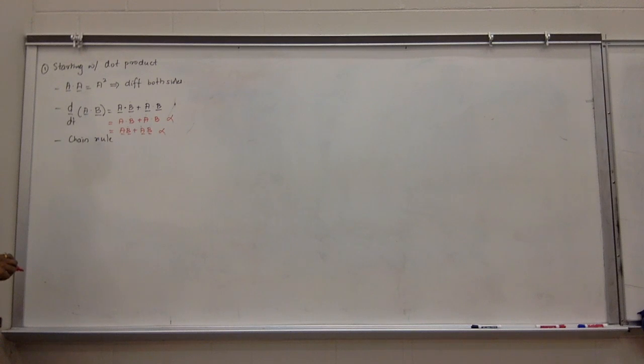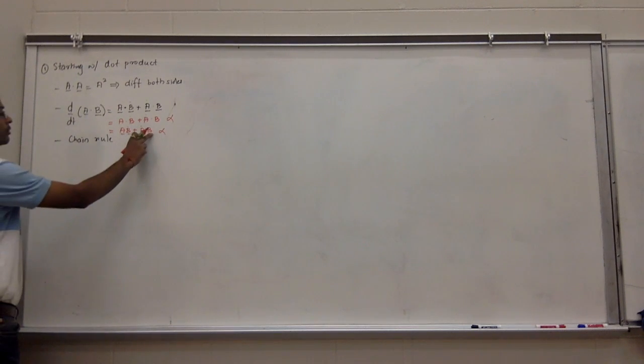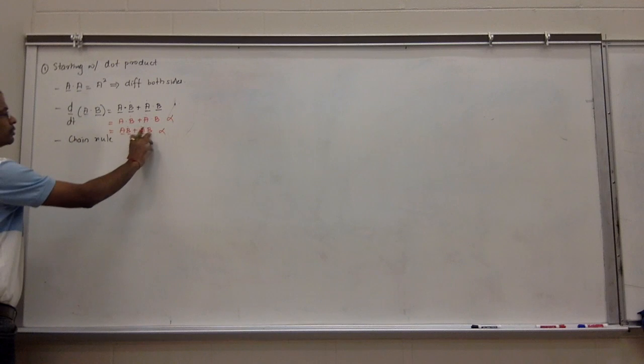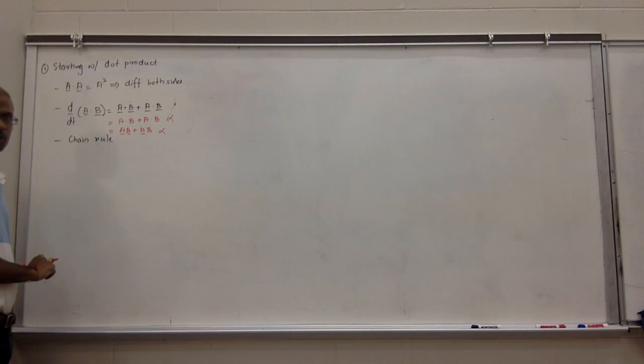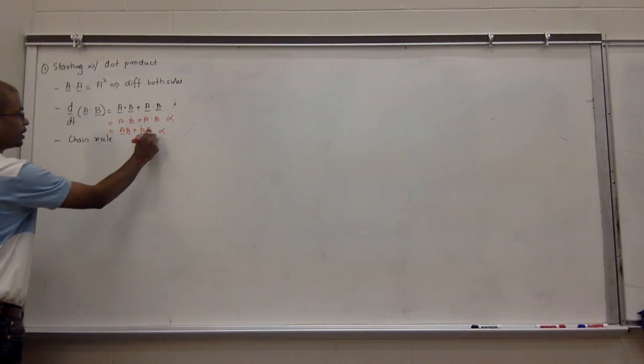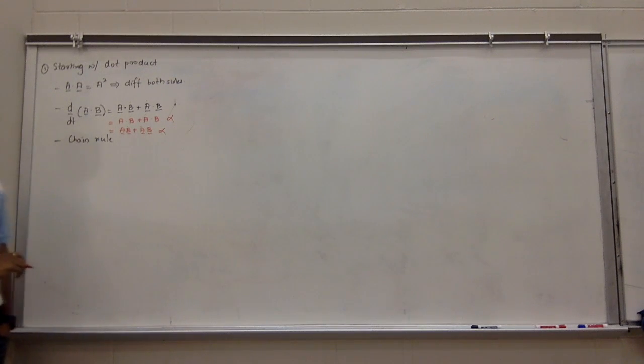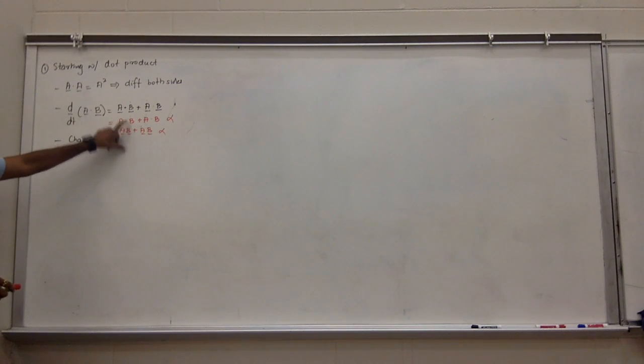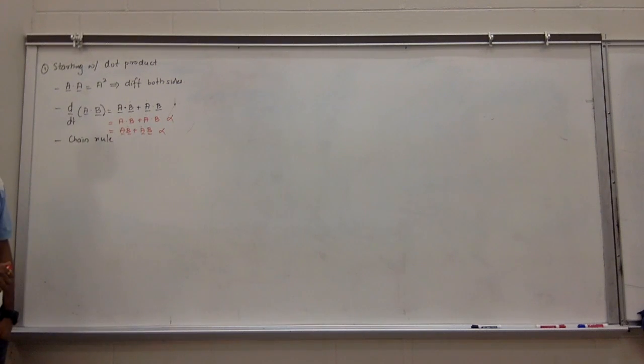Understand why? This operation itself is not defined. A vector cannot be multiplied by a vector. A vector can be multiplied by a scalar. This is okay. You can multiply a vector by a scalar, but a vector multiplied by another vector is not defined. If you do this, you won't get points. So make sure that the dot is where it has to be, and it is a vector. Dot product and cross product are defined only for vectors.